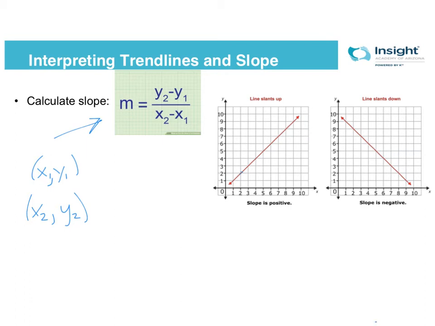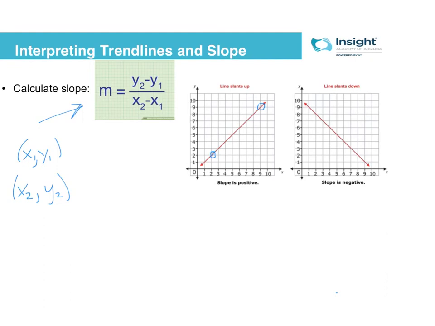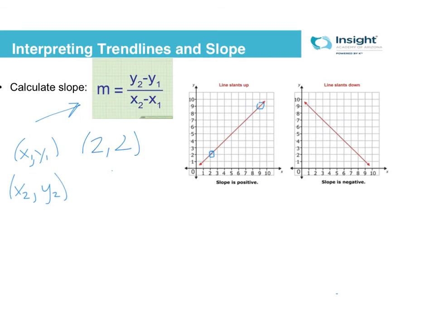So I'm going to choose these two. They're pretty far apart from each other, so I would say that's 2, 2 and 9, 9.